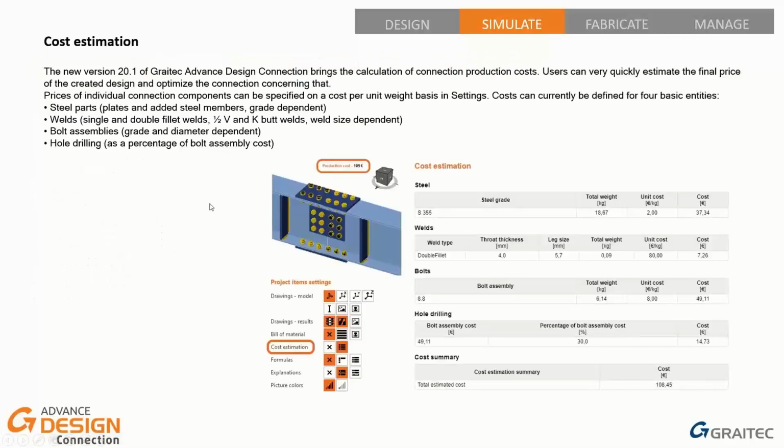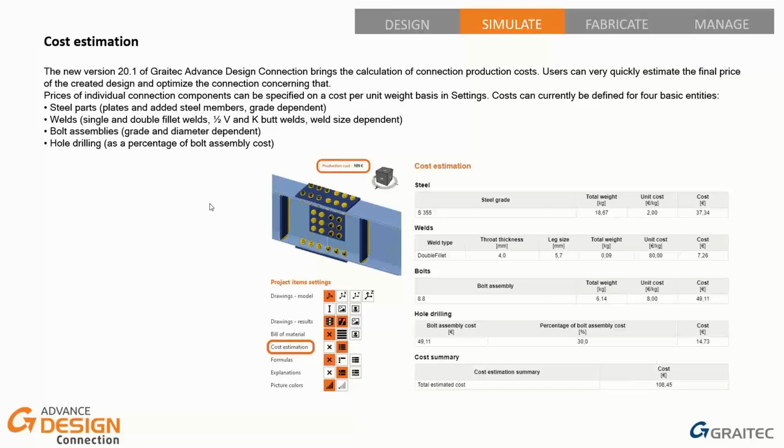Okay, so the first one is cost estimation. This is a new feature in the new version. The software will calculate the cost of the connection and the connection components based on your geometry. You have the option to modify the unit cost values for each operation separately, and the software will let you know how much this connection can cost you.